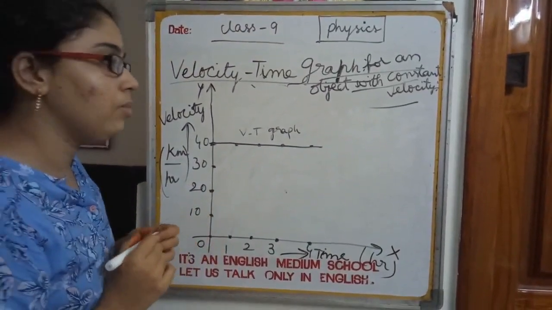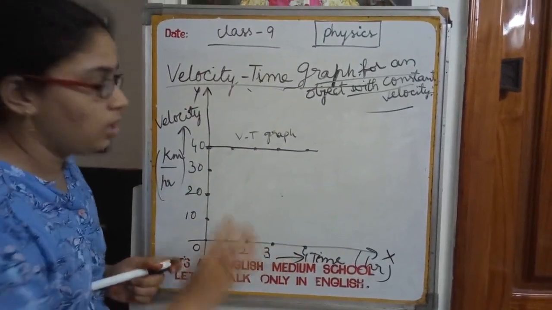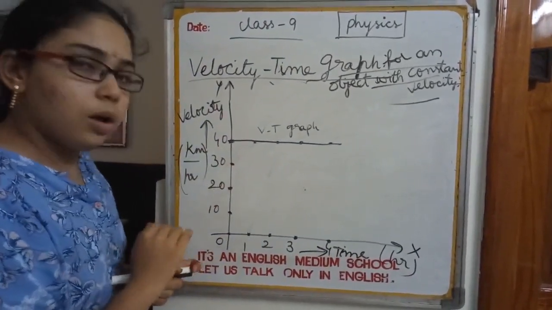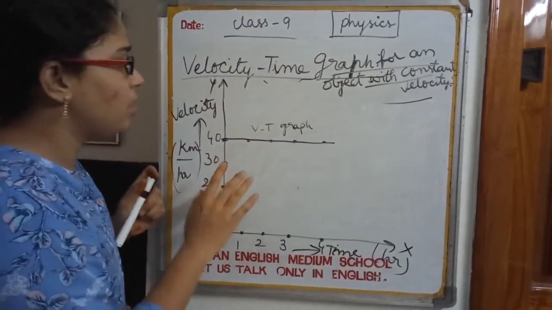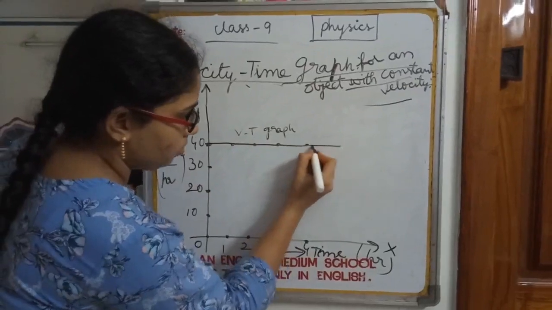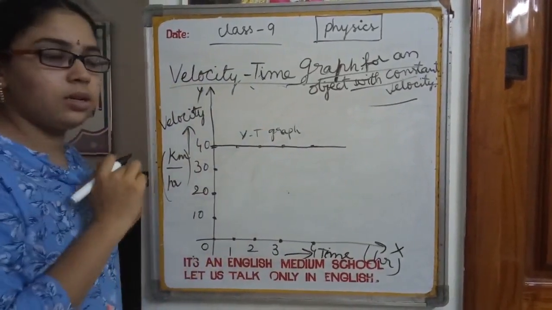Uniform velocity is nothing but the velocity not changing all through its journey. It is traveling with the same 40 km per hour. This is the required velocity time graph. Have a glance at it.